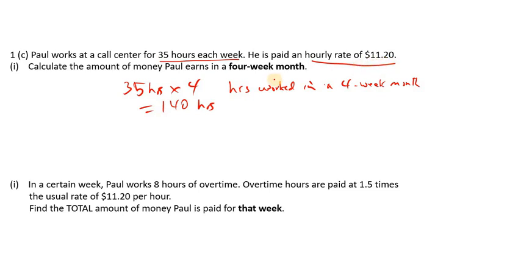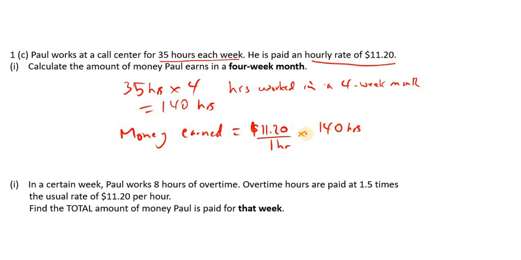But you work 140 hours. So therefore, the money earned over that period will be what? It'll be $11.20 per hour, multiplied by what? 140 hours.